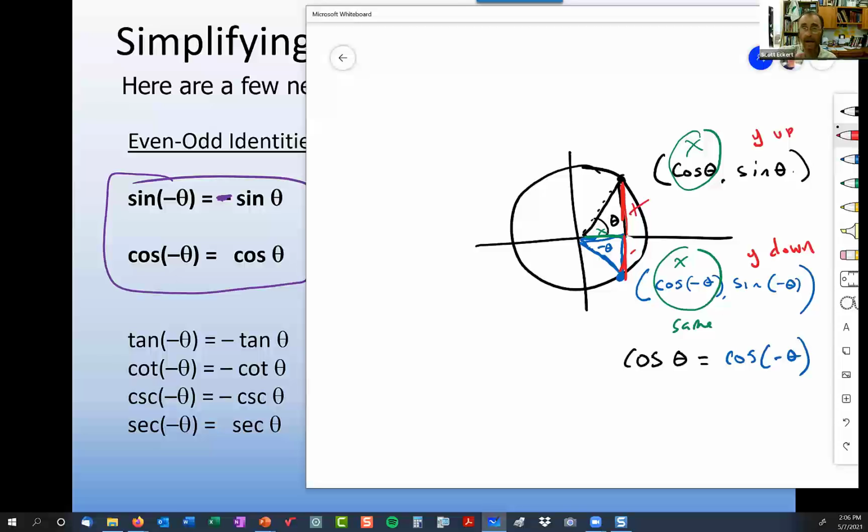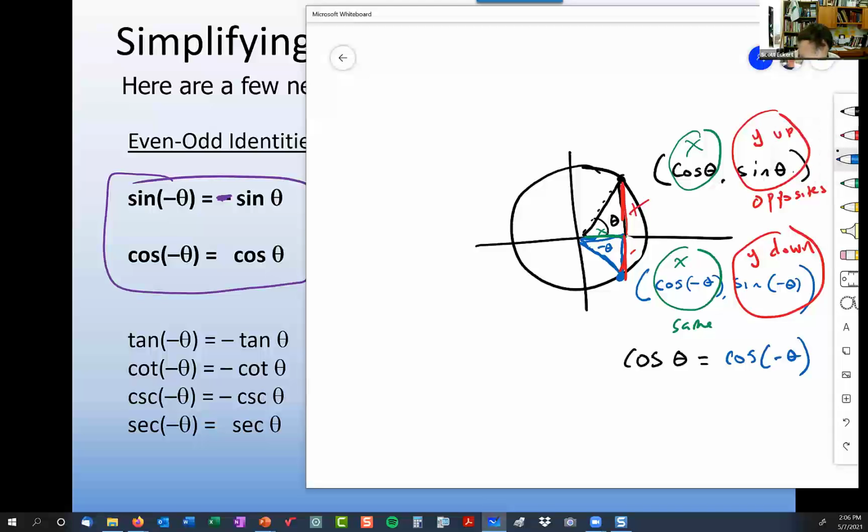In the first quadrant, I have to go up for the sine. And in quadrant 4, I have to go down for the sine. But in either case, I'm going to go up 0.8 or down 0.8. So that means these two are opposites.